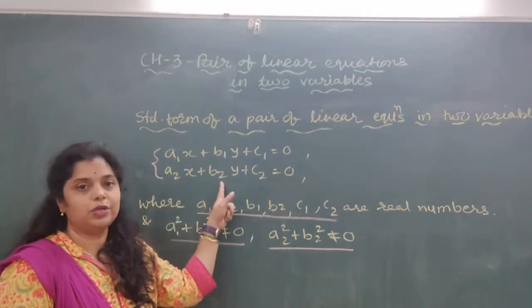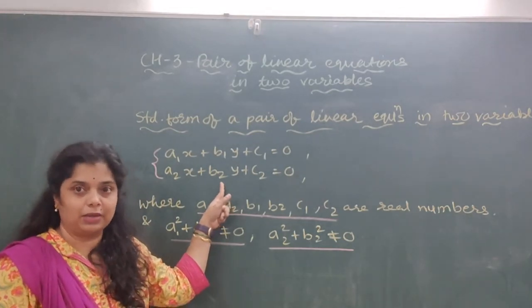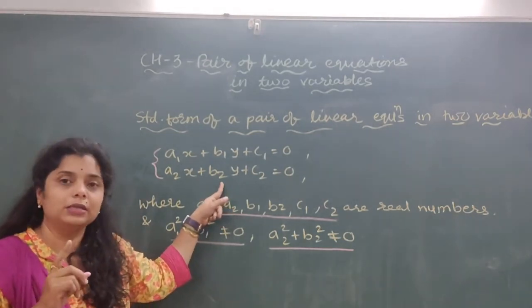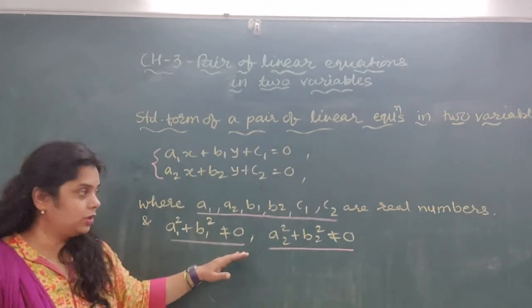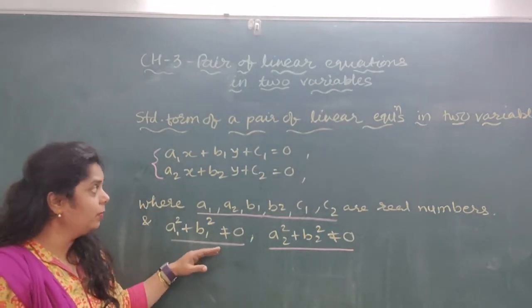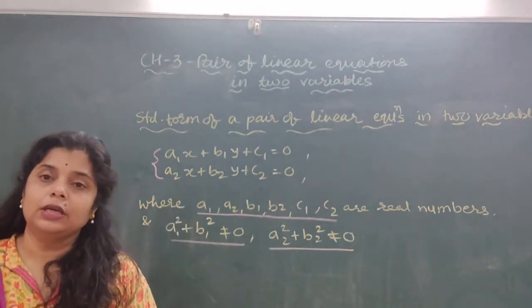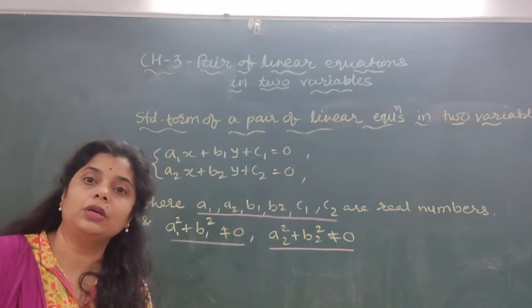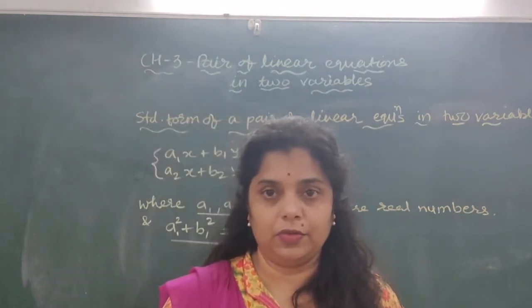Again, A2 and B2 at the same time must not both be 0. So this condition you must remember, and this is the standard form of a pair of linear equations. Now we will see the graphical representation of a pair of linear equations, right?